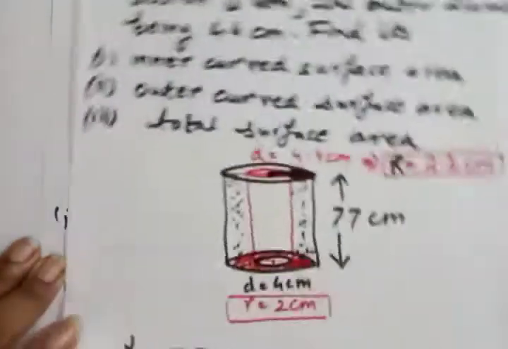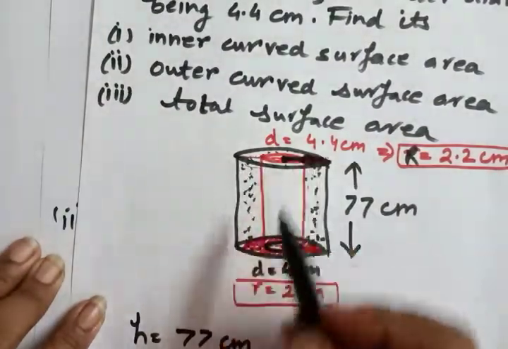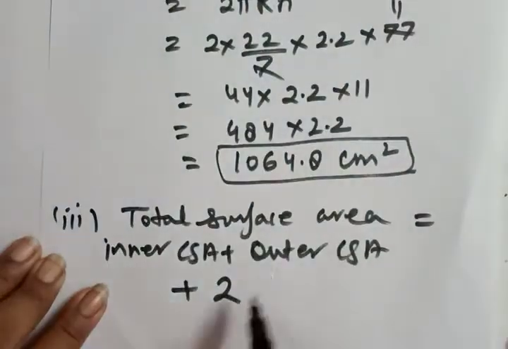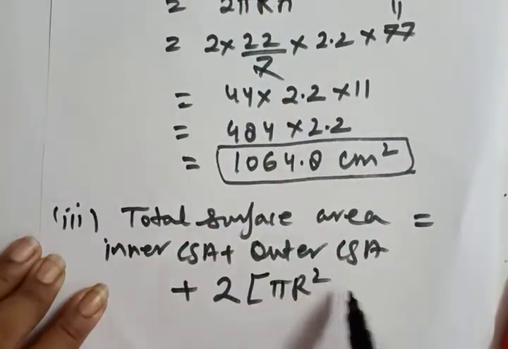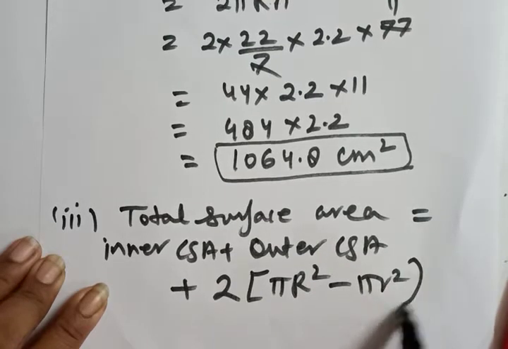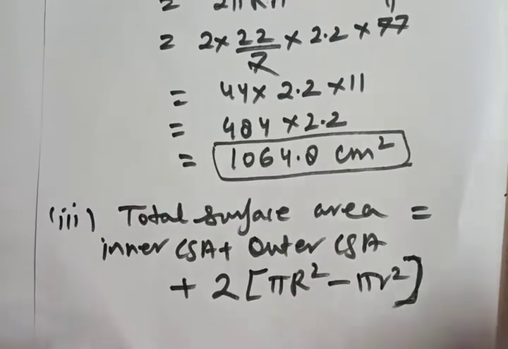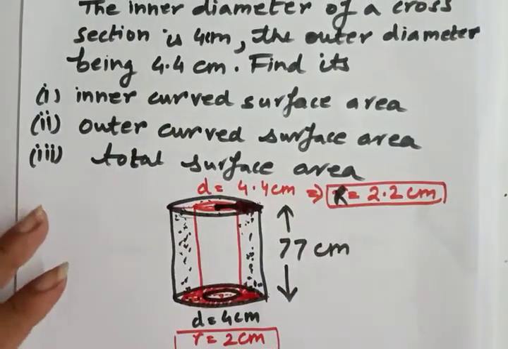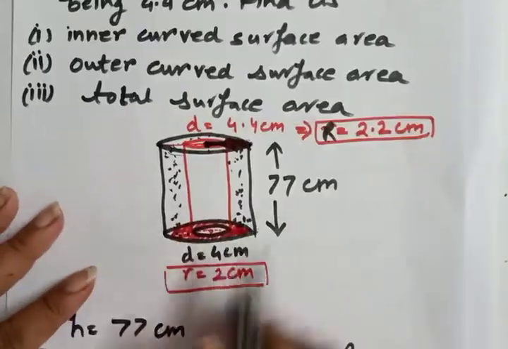Why have I written twice? Because we have two circular faces, two circular surfaces. That will equal to pi R square minus pi r square, because we have a big circle as well as a small circle. You can understand it like this also. So we need to find out this one now.